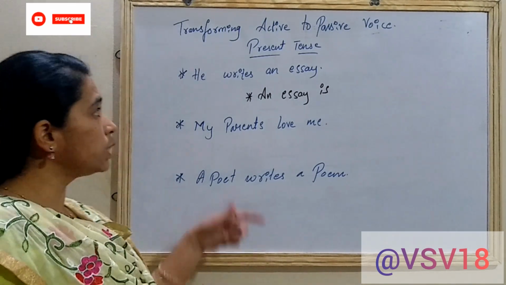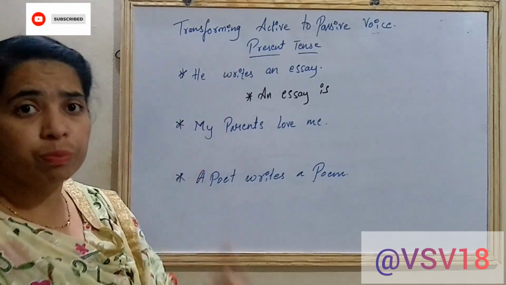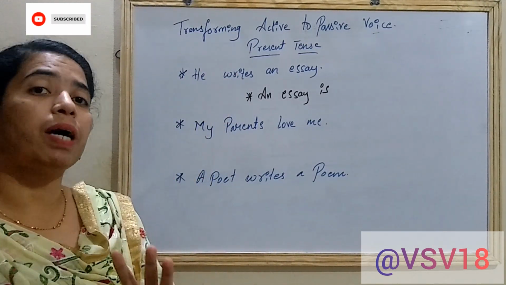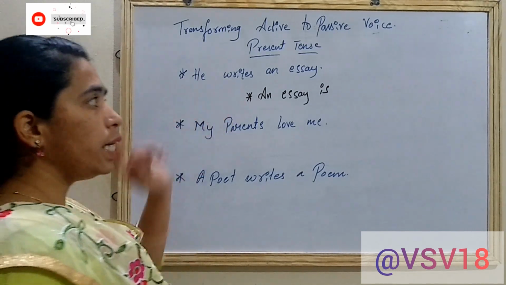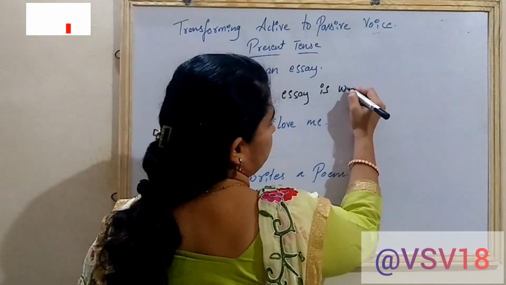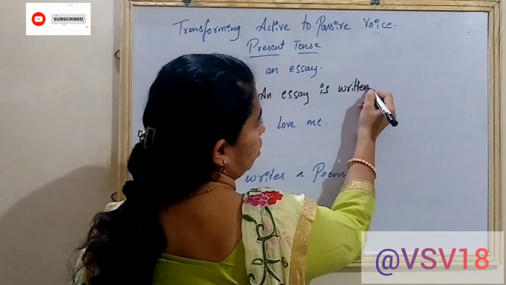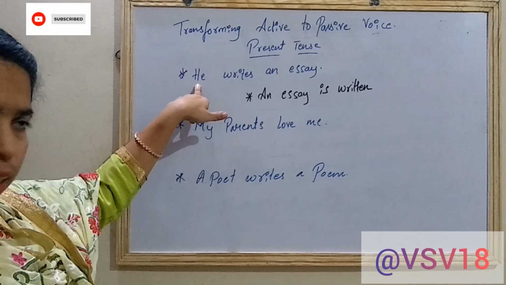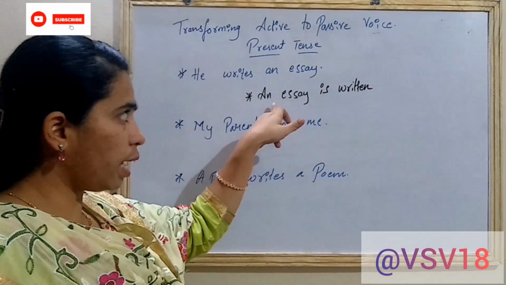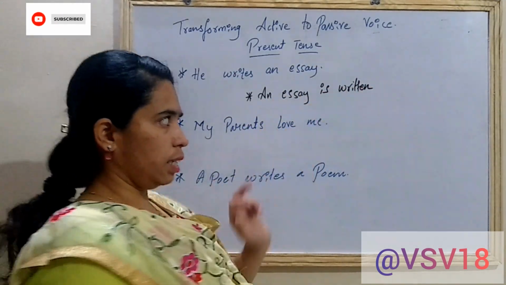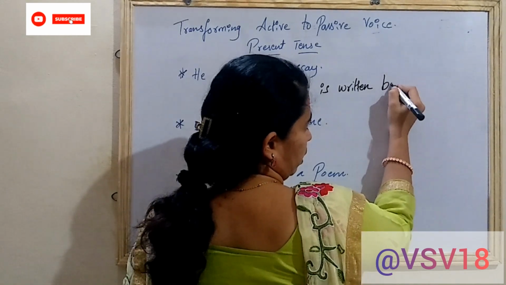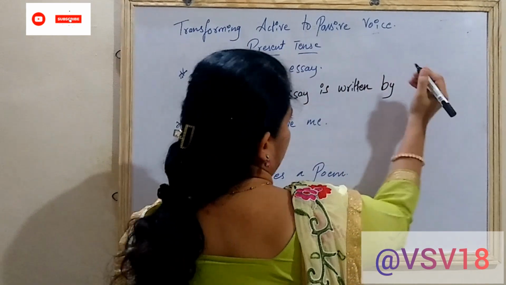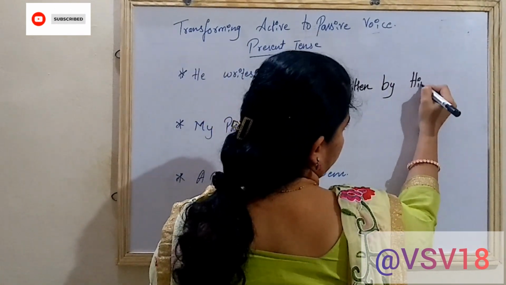The fourth rule was the verb will be converted into the V3 form, the participle form of the verb. So writes becomes written. An essay is written. The medium by is added before the object and he becomes him.